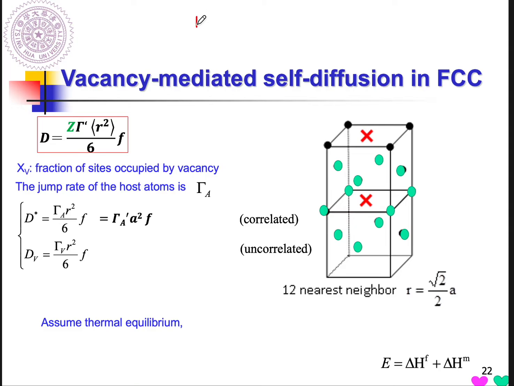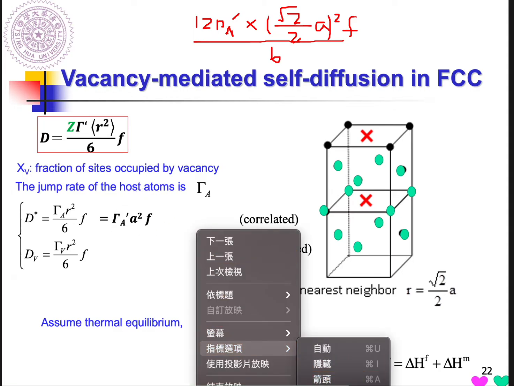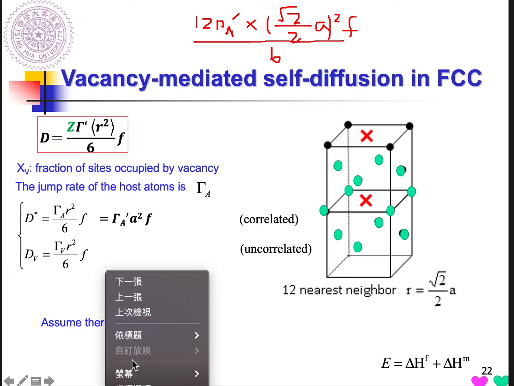So gamma A is 12 gamma A prime, times R squared, times F, and divided by 6. Then you will get this result.